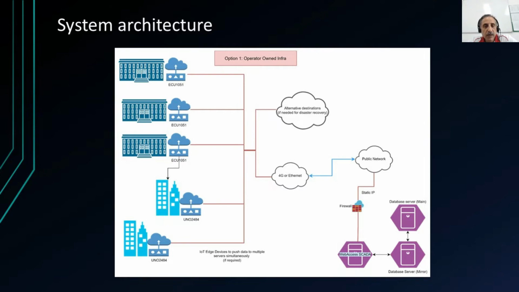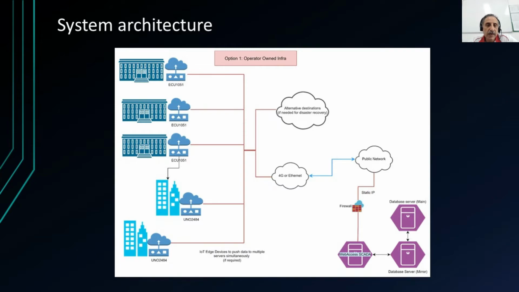In some commercial buildings, we are using UNO 2484 because they need some local analysis to be reported there itself, and those may or may not have internet connectivity, and for those reasons we need to store the data locally and report it locally.